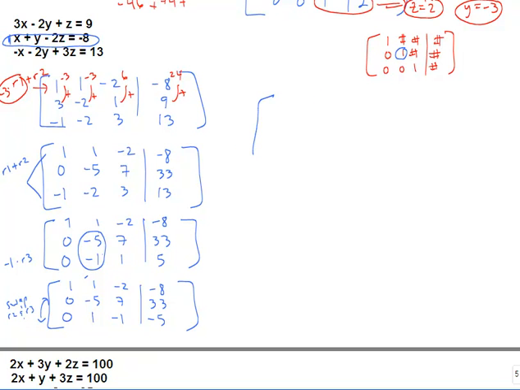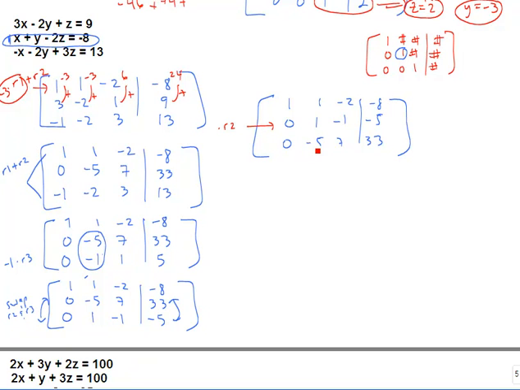So this becomes 1, 1, negative 2, negative 8, 0, 1, minus 1, minus 5, and 0, negative 5, 7, 33. So I just swapped these two rows. So now I have the second 1 in that diagonal. Once I have a 1, I can always get the zeros below it, because all I have to do is take that row, row 2 in this case, times the opposite of the number I'm trying to get rid of.